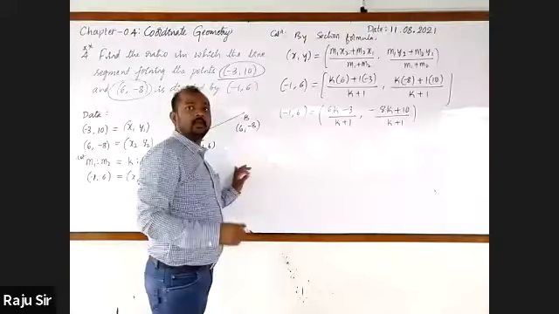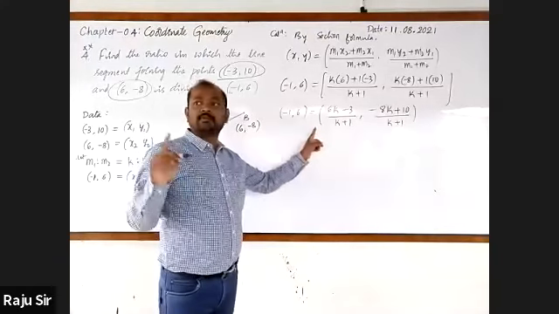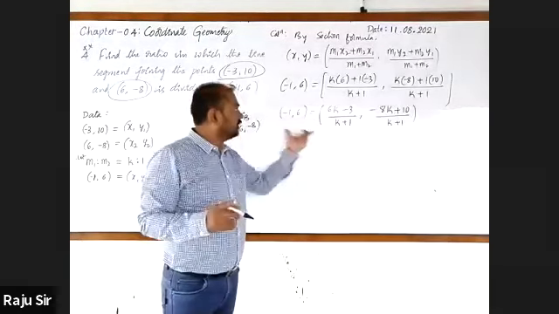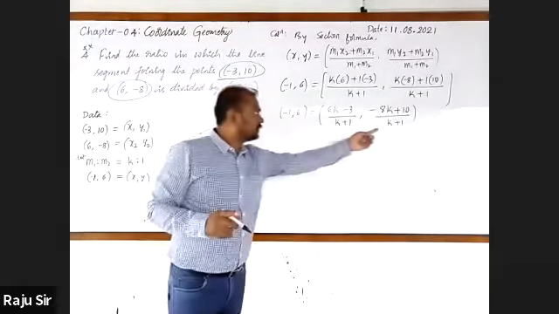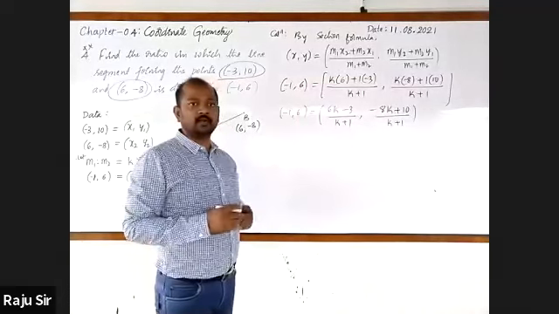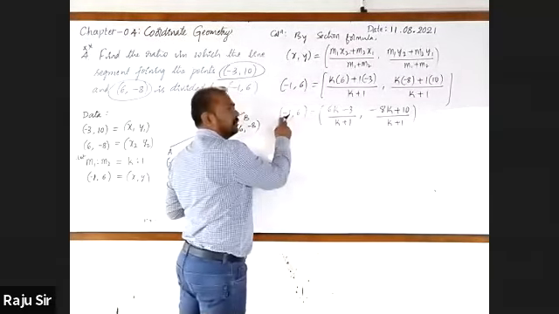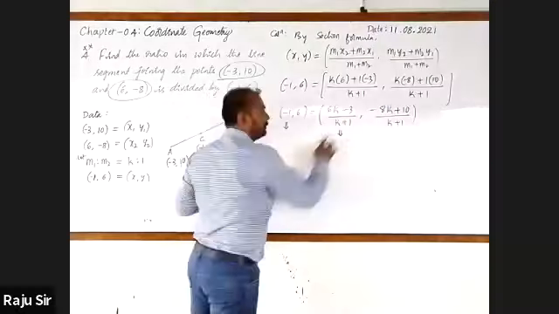Very good. To find out the value of k, you may equate either the x coordinate or the y coordinate. Take the x coordinate, minus 1. Minus 1 equals 6k minus 3 by k plus 1.